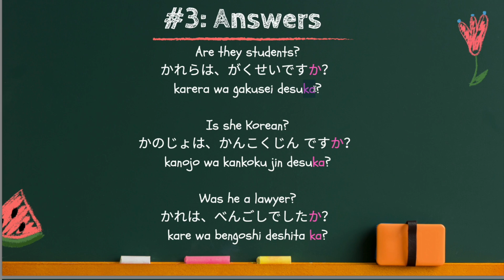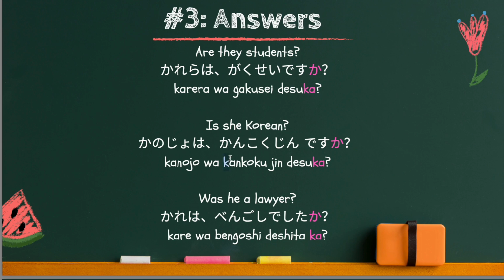Second, is she Korean? 彼女は韓国人ですか? Korean in Japanese is 韓国人, country name plus 人. So, Korea in Japanese is 韓国 and Jin means people.